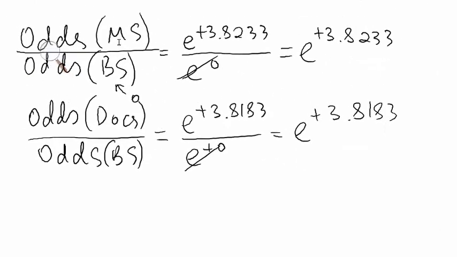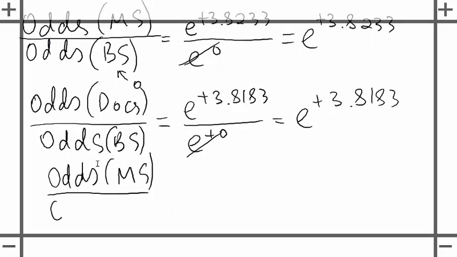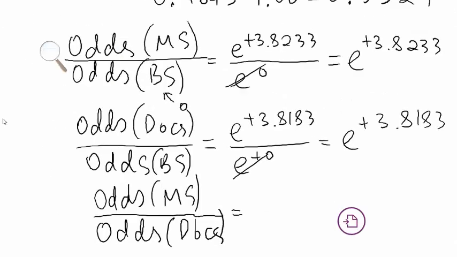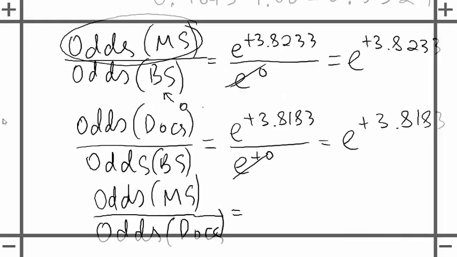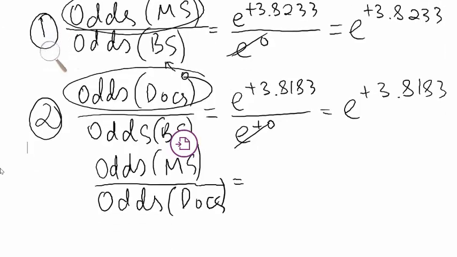And now, if I want to compute the ratio, look at this. This is my dirty trick. If I want to compute odds of MS divided by odds of docs, what do I have to do? You tell me. Here I have my dearly beloved odds for MS. Here I have what I'm looking for in the denominator. I take this expression number 1 and divide it by this expression number 2. Simple as that. Here's why.